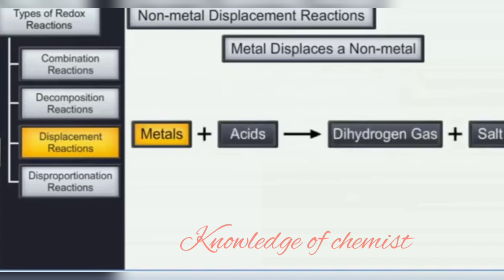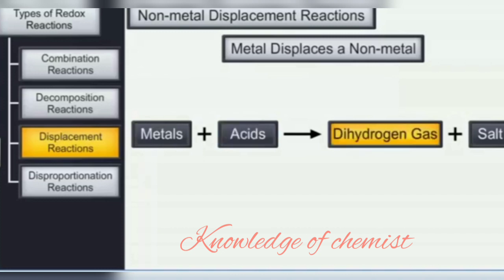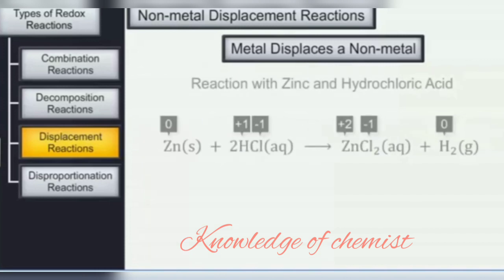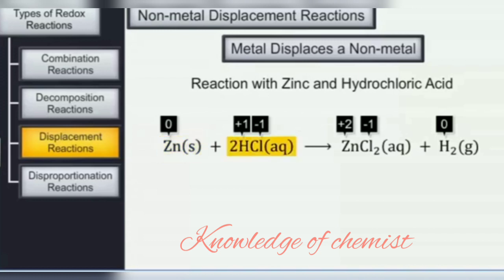Many metals, including those that do not react with cold water, can displace hydrogen from acid to liberate dihydrogen gas and the respective salt. Zinc reacts with hydrochloric acid to displace hydrogen to form zinc chloride and dihydrogen gas.